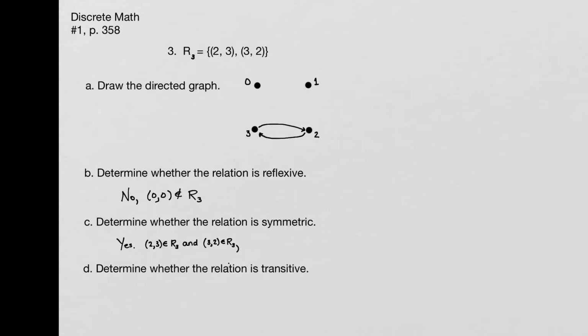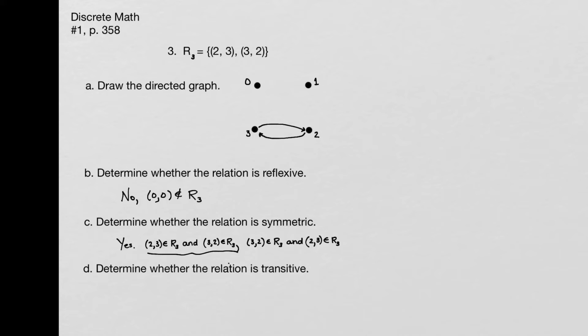And then we can say just the reverse, actually, because what I'm going to do is start with (3, 2) is an element of R3, and (2, 3) is an element of R3. And I'm really just doing this to emphasize the fact that it works both ways. So you really only need one of those. You don't need to write both of them out, because they're saying the same thing, they're the same statement. Okay? But there you go. All right, so that one was a yes.